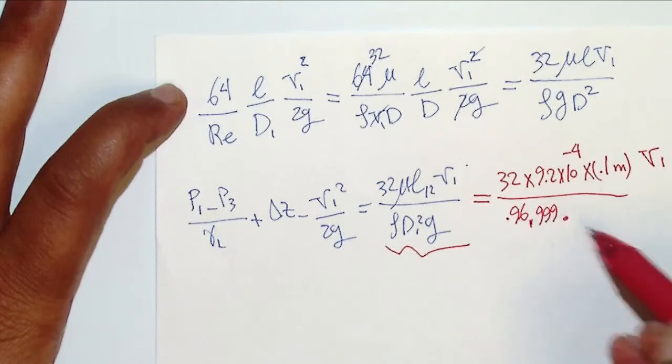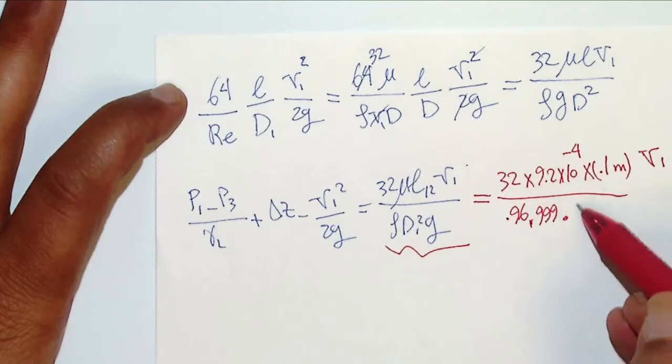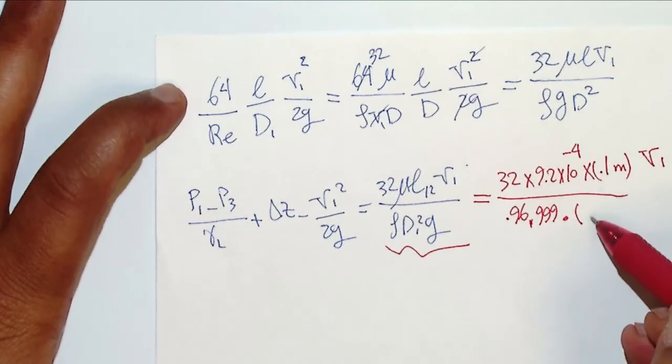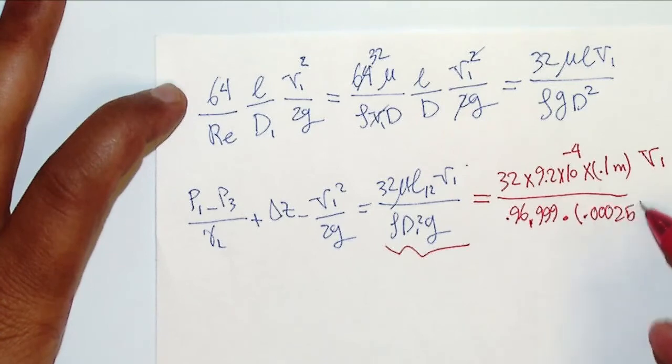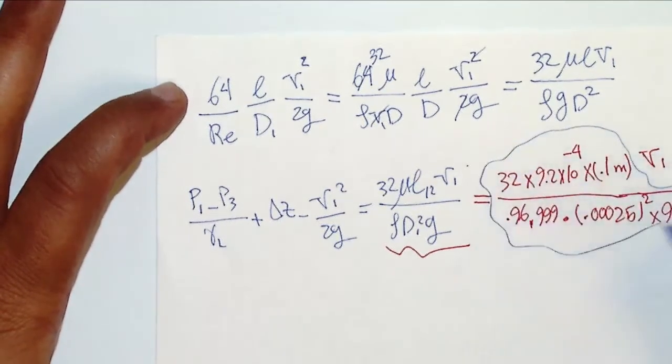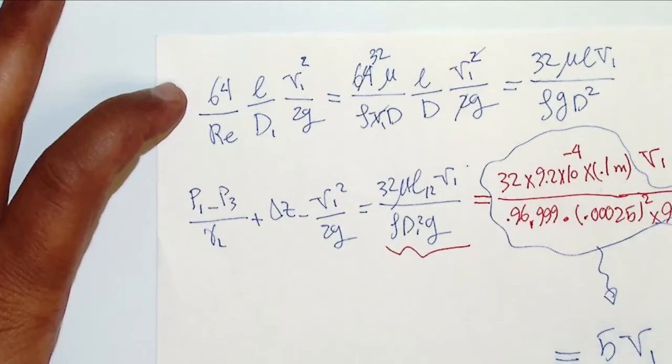So multiply by 999. D1 is the diameter, if you check the figure, is going to be 0.00025 squared because it's a square, and multiply by 981, which is your g. Okay, if you use the calculator and calculate this part, this is going to be 5V1. I'll put the equal here.